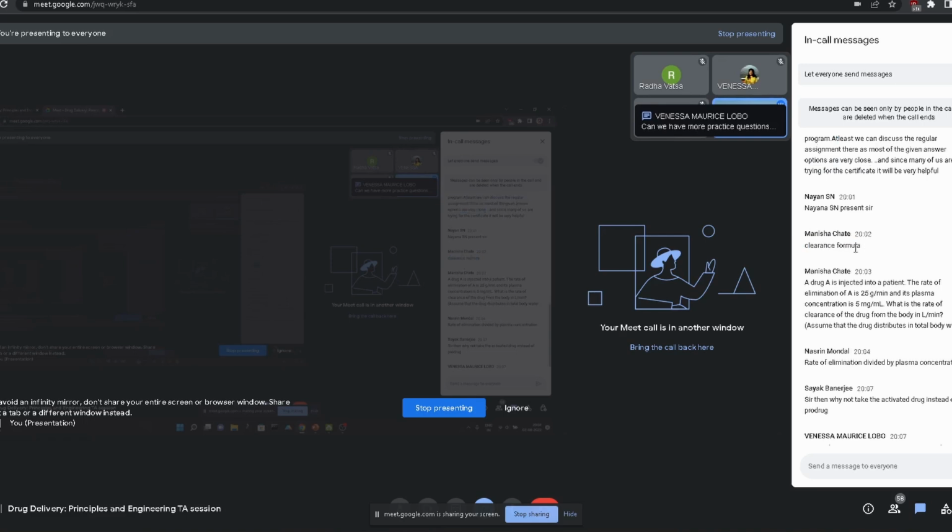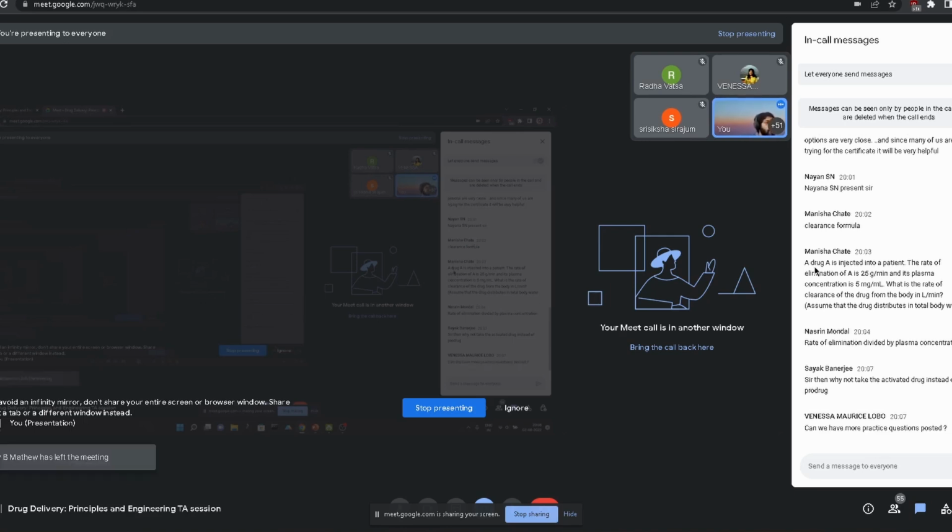Clearance formula. I'm not sure which clearance formula. It depends on the order of elimination: zero order, first order, or second order elimination. They all have different formulae. A drug A is injected into a patient.